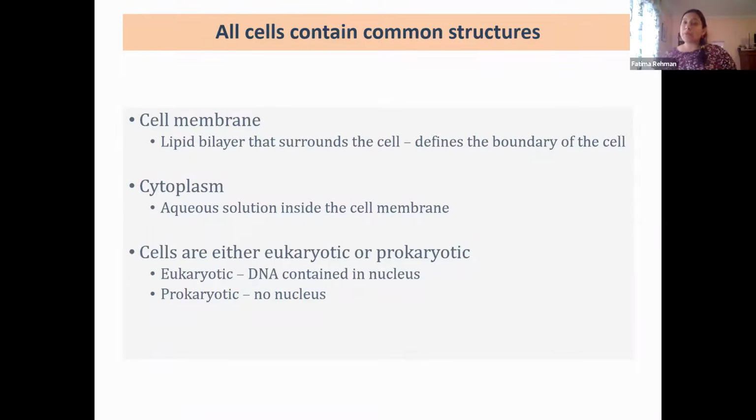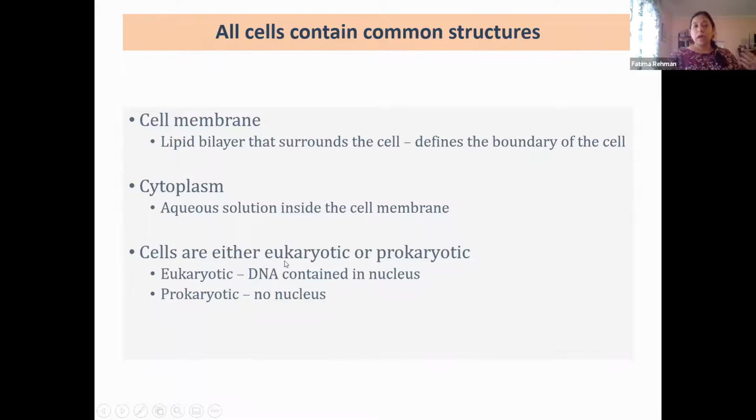And then the cytoplasm, which is the aqueous solution inside the cell that all the other stuff is going to be housed inside. It's a jelly-like material. It's water-based, as you can see, aqueous solution. And it contains a lot of macromolecules, salts and sugars and things, in addition to the organelles or the material that's going to be present there.